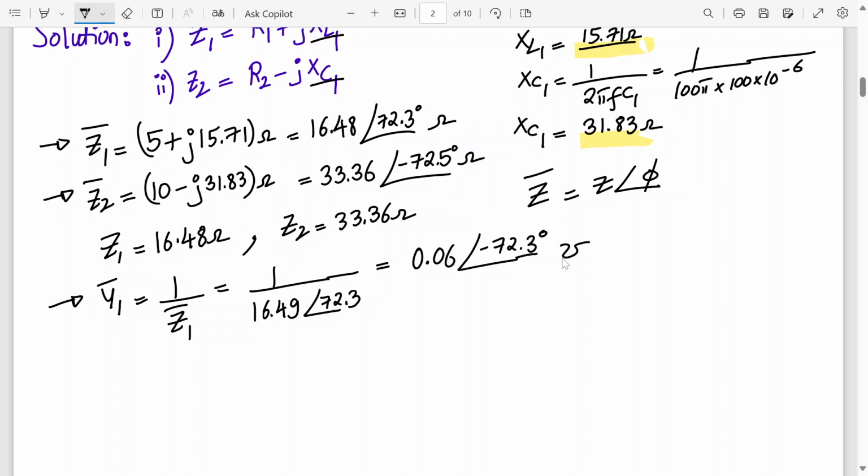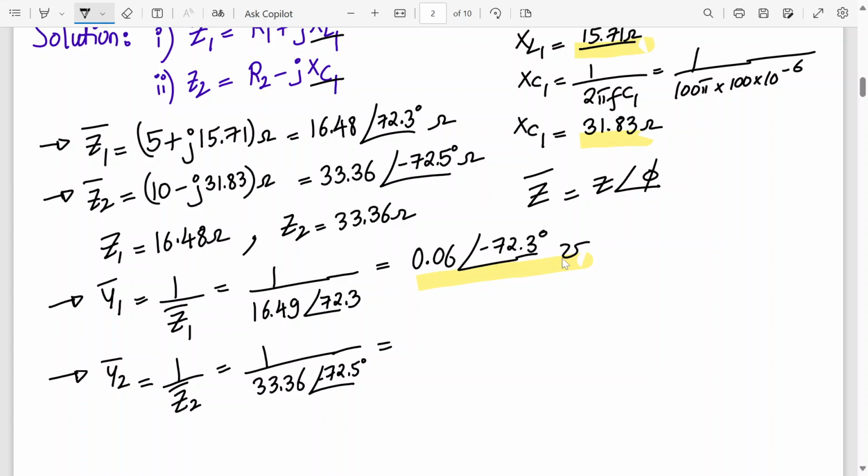The unit is mho. Next we calculate Y2, that is 1 upon Z2. So 1 upon 33.36 angle minus 72.5. How much is this? 0.03, the angle will be plus.